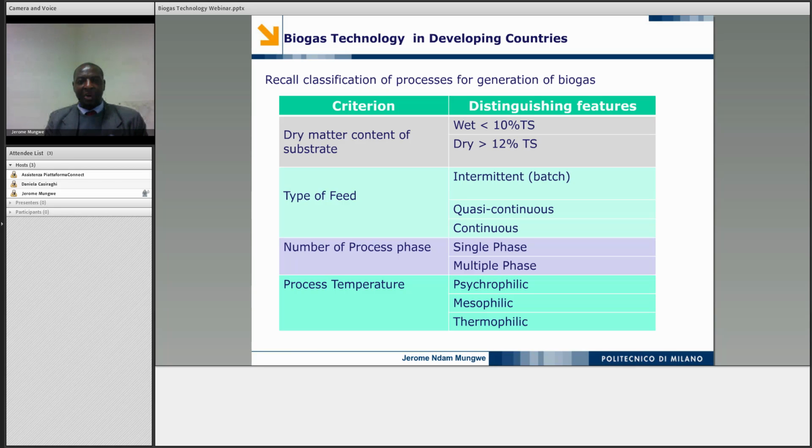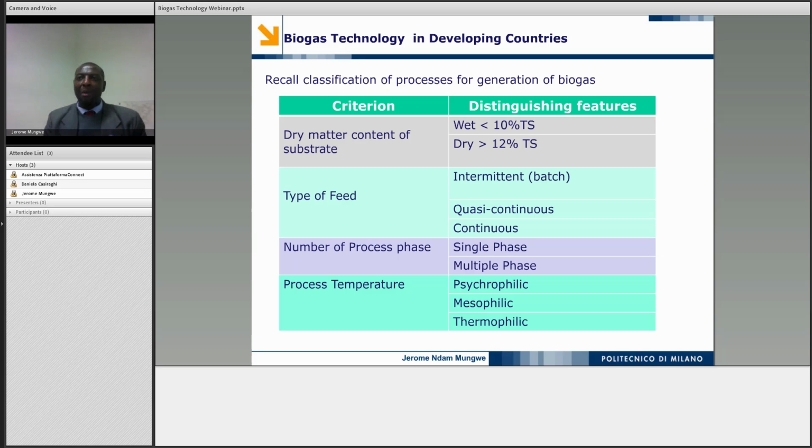Just to recall, from the classification of the biogas process, based on the dry matter content of the substrate that we use, we can have the process either as a wet process or a dry process. Based on the feedstock feeding mode that is used, we can have batch system, quasi-continuous system, or continuously fed system.